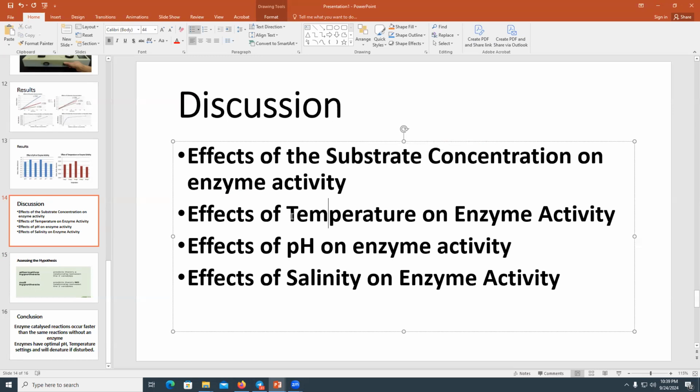So that's where we start making deductive and inductive reasoning, saying that for temperature, we need an optimal temperature, and if we increase it above that, then the enzyme protein will denature. Also the pH, we need an optimal pH, and so on.